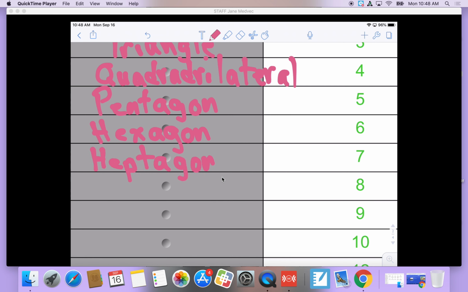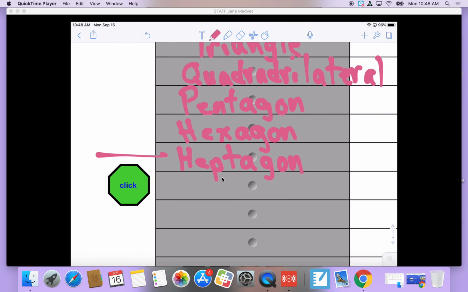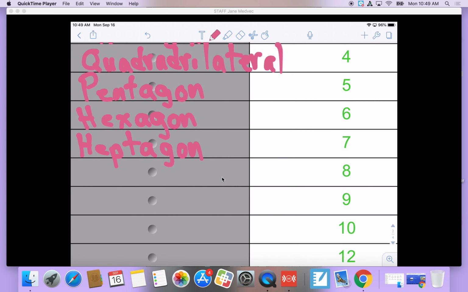Now that is one that students get confused on. They think it's a septagon because septuplets are 7, but it's actually a heptagon. So you want to be careful of that one. An 8-sided figure is an octagon, which makes sense, like an octopus or a stop sign. It has 8 sides. A 9-sided figure is a nonagon.